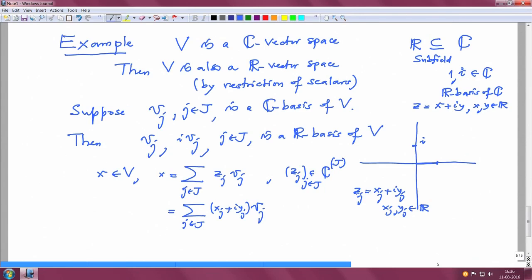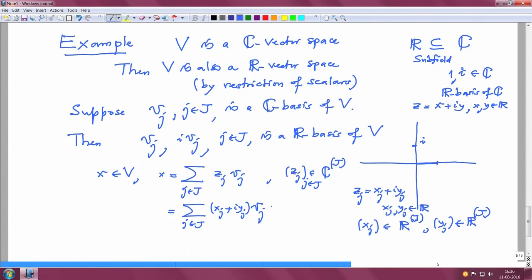And if almost all z_j's are 0, then almost all x_j's and y_j's will also be 0. So it will also be clear that x_j belongs to R^(J) and y_j belongs to R^(J).